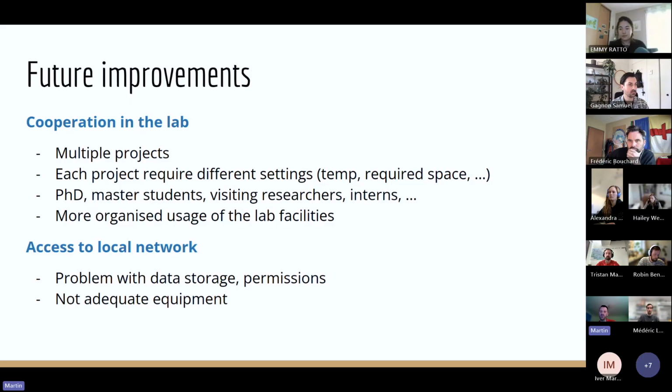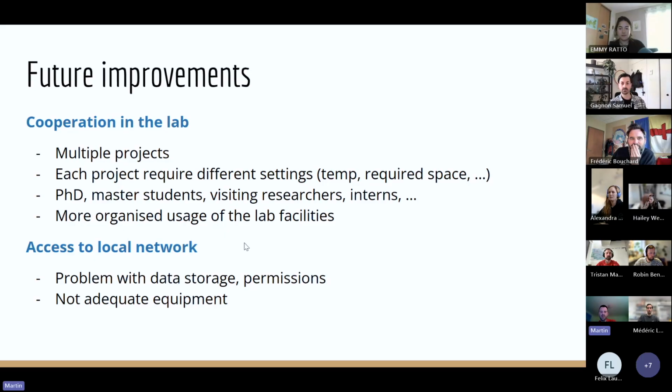We had some, but this is something that can be improved, and we can learn from each other. And also there was a lot of equipment we wanted to use, but because the lab was not so big, it was sometimes very difficult to use the lab because it was so overcrowded.